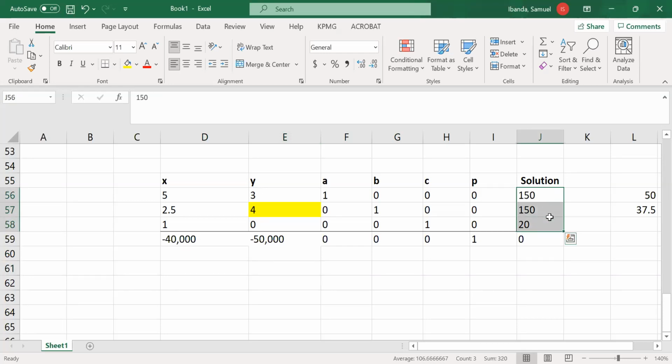So once we have determined that it's 4 that gives us the lower value, our aim is to strive to make this 4 a 1.